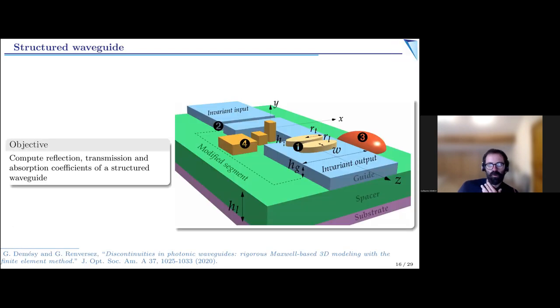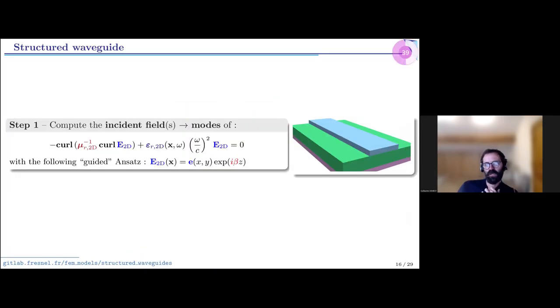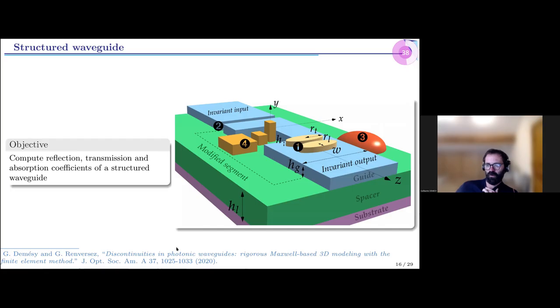Now, a quick word about waveguides, but you get the spirit. For waveguides, it's a bit different. Let's say we have a waveguide that is structured. I'm coming from, let's say, the top. I want to send a mode onto this geometry, and I have a bunch of scatterers, and then we again have the invariant output.